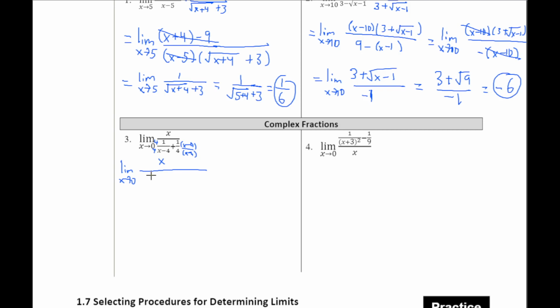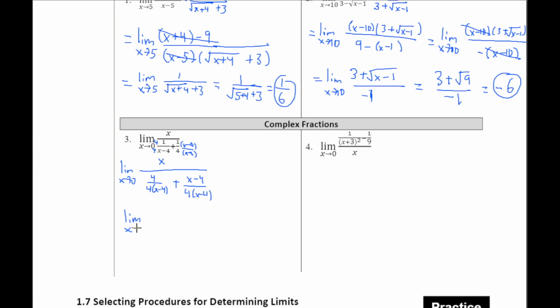So that gets you a 4 over 4 times x minus 4 plus x minus 4 over 4 times x minus 4. And then you can combine these fractions here.